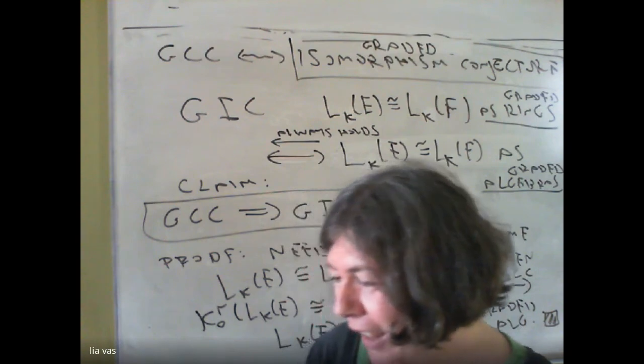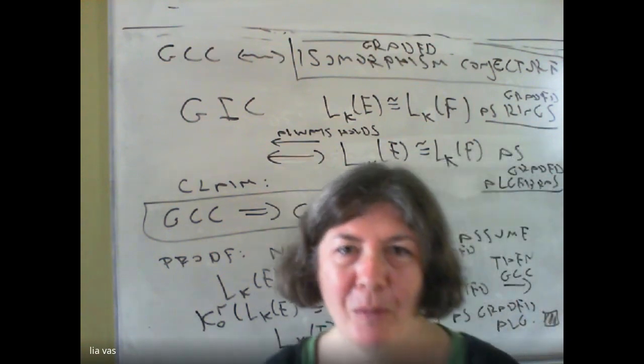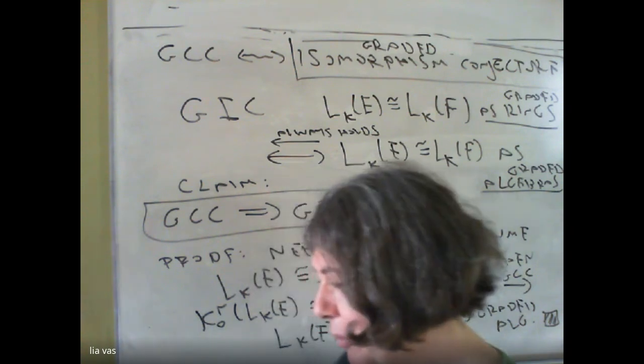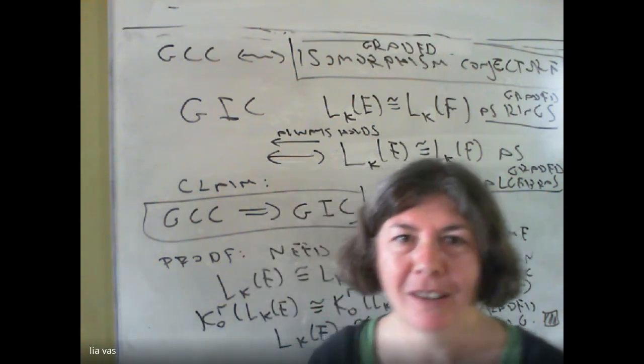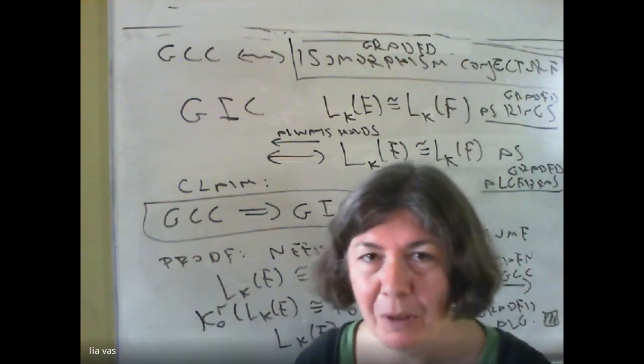So I planned, as you will see in the notes, something about irreducible representations of Leavitt path algebras as well, but now I see it would be too much to bombard you with information.